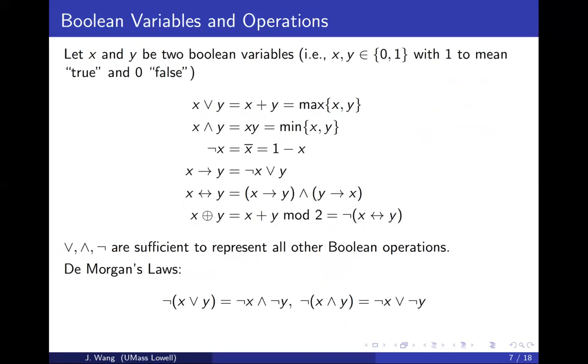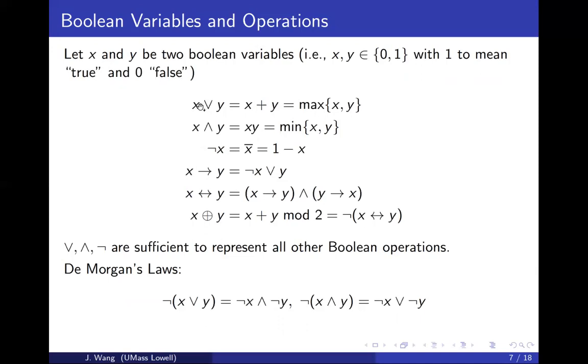Next we're going to look at Boolean variables and operations. Let X and Y be two Boolean variables. That means their values are either 0 or 1, where 1 means true and 0 means false.